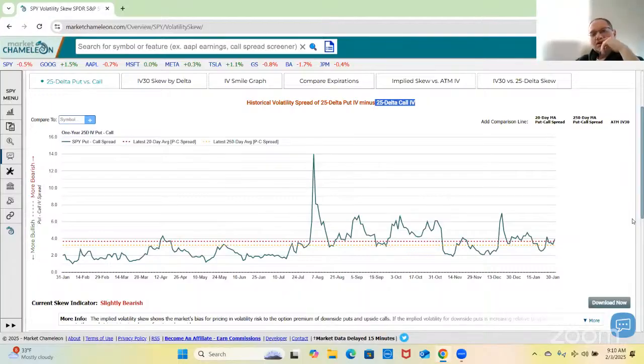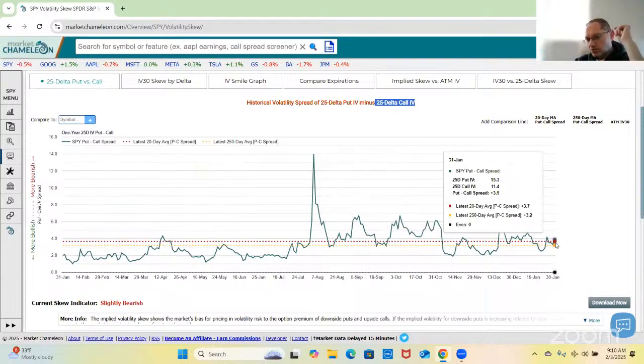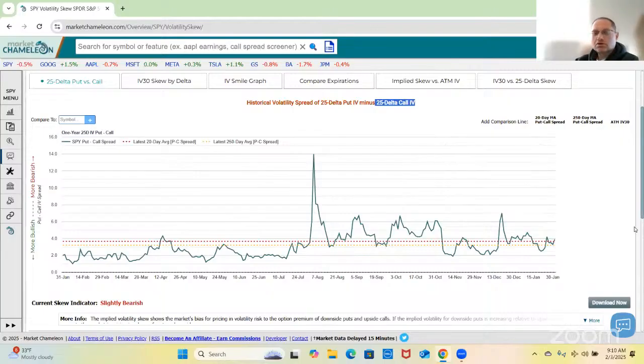And here we have 2 reference dotted lines, okay? Just to see how the current skew, which is over here, compares to an average over a longer period of time, right? Because the skew doesn't appreciate like a stock price, right? It tends to fluctuate around some kind of mean or average.